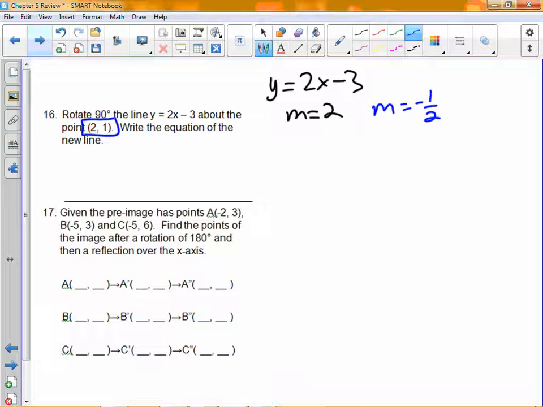So what you do is you use your point slope formula, which is y minus 1 equals m. That's the -1/2 right there. -1/2. Why did you make it negative? Okay, because I'll get to that in just a second. x minus 2.